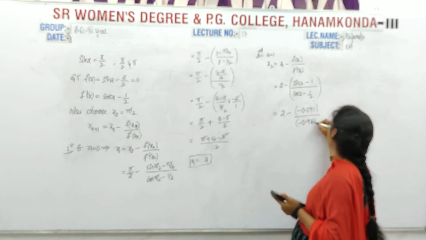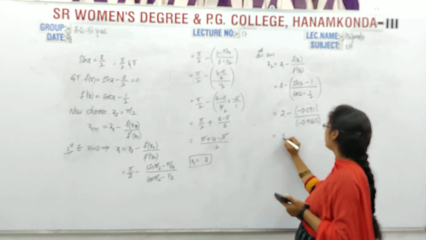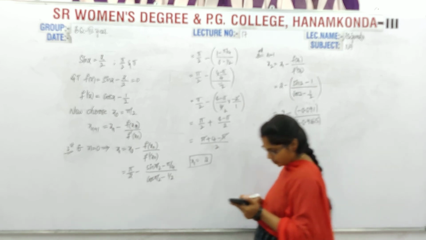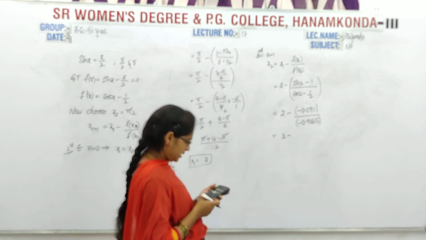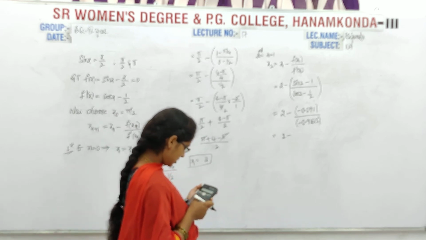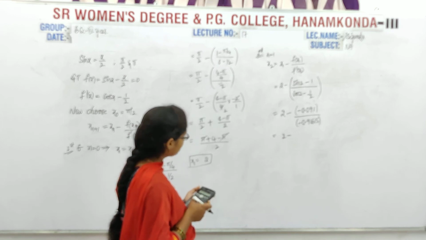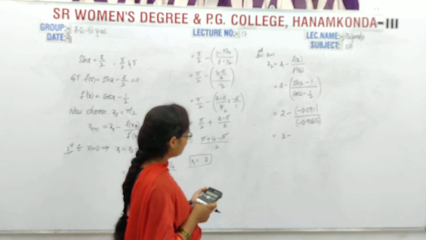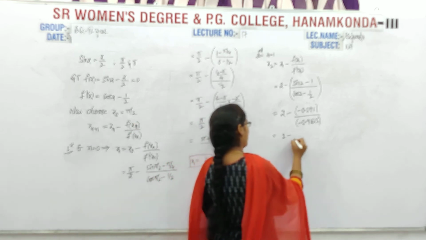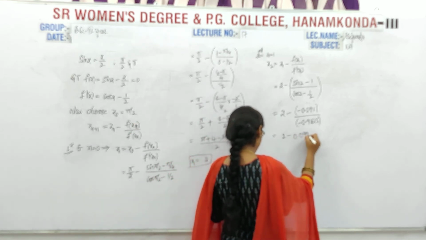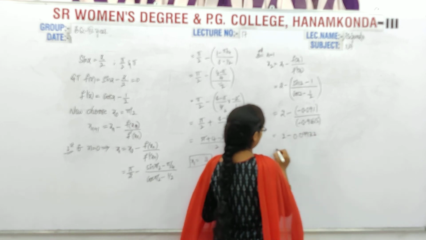Okay, now here 2 minus 0.091 divided by 0.91615. Now it is 0.099328, that is 0.0993.